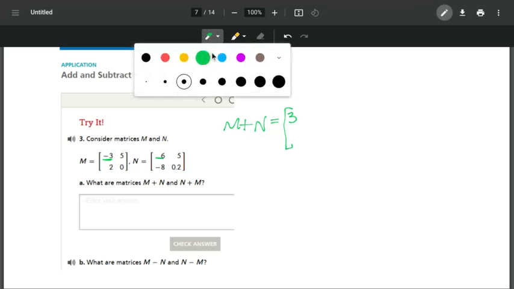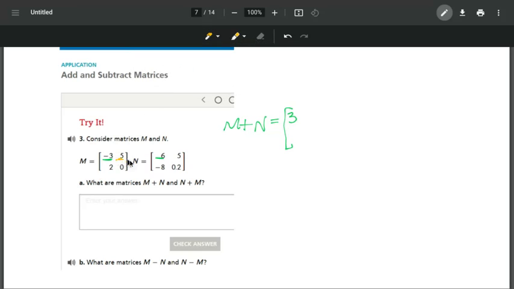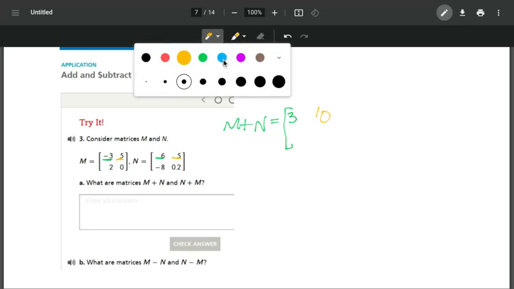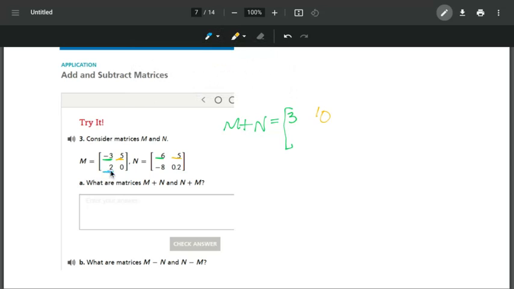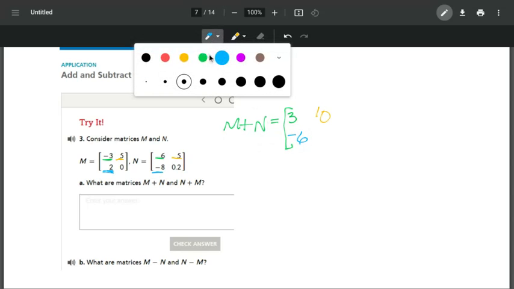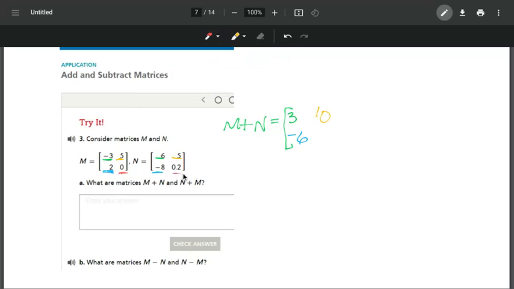Then first row, second column, 5 plus 5 would be 10. Second row, first column, 2 plus -8 is -6. And then second row, second column, 0 plus 0.2 is 0.2.